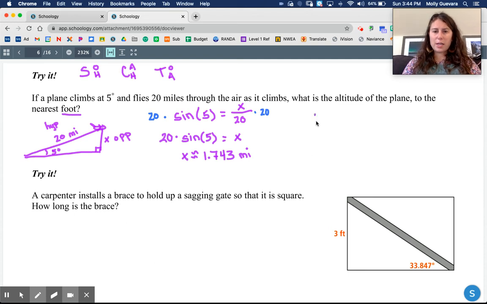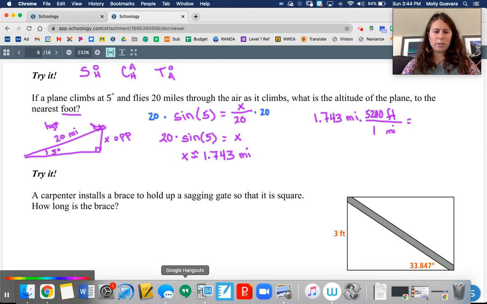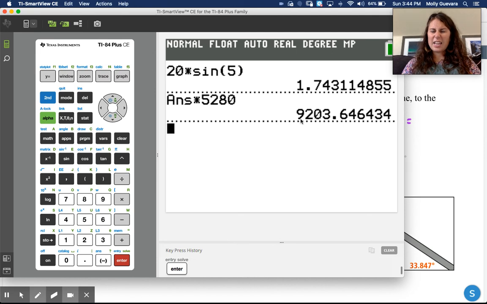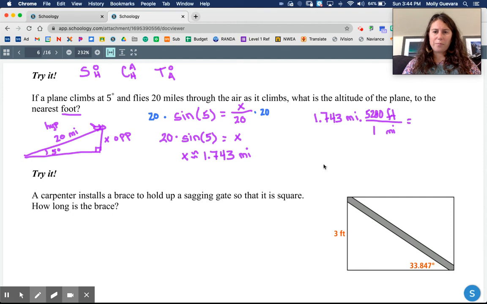So I need to do the same thing I did before. I have 1.743 miles. I want to get rid of miles, so it's on the bottom, and I'm going to convert it to feet. The conversion is 1 mile is 5,280 feet. So let's go back to our calculator. I'm going to take this number and multiply it by 5,280, and I get 9,203.65.